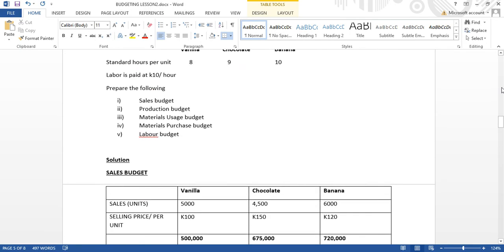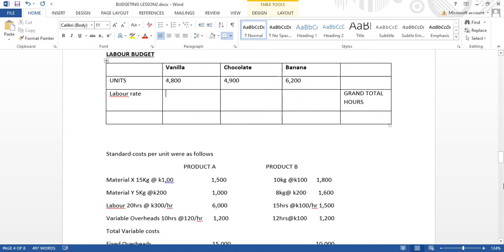Then here, standard hours per unit. Right. So for vanilla, it's 8 hours per unit, chocolate, 9 hours per unit, banana, 10 hours per unit.